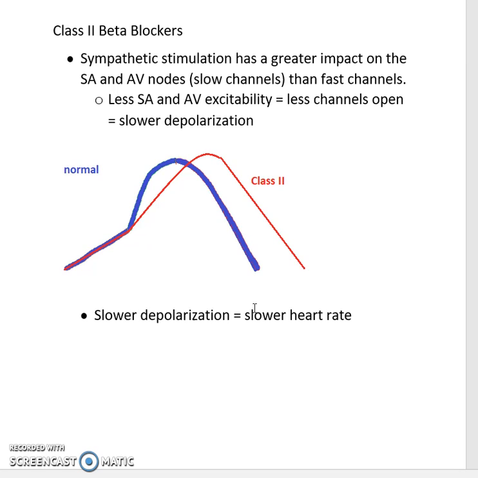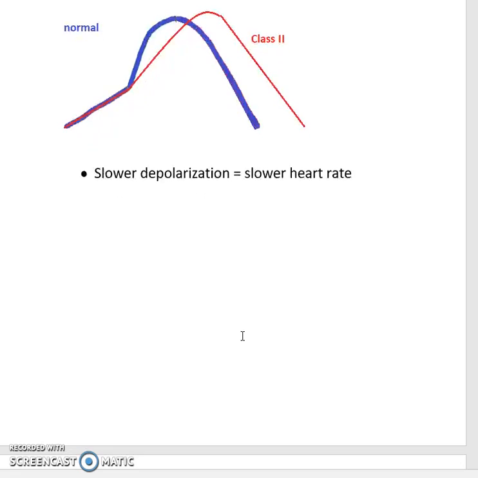So less SA node and AV node excitability means there's less channel opens and there's a slower depolarization, at least in relation to a tachy heart rate. And again, slower depolarization means a slower heart rate.